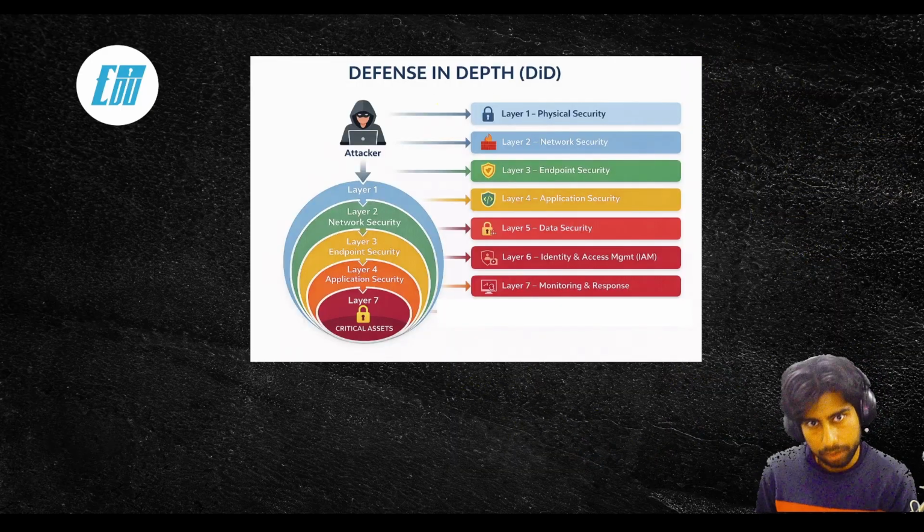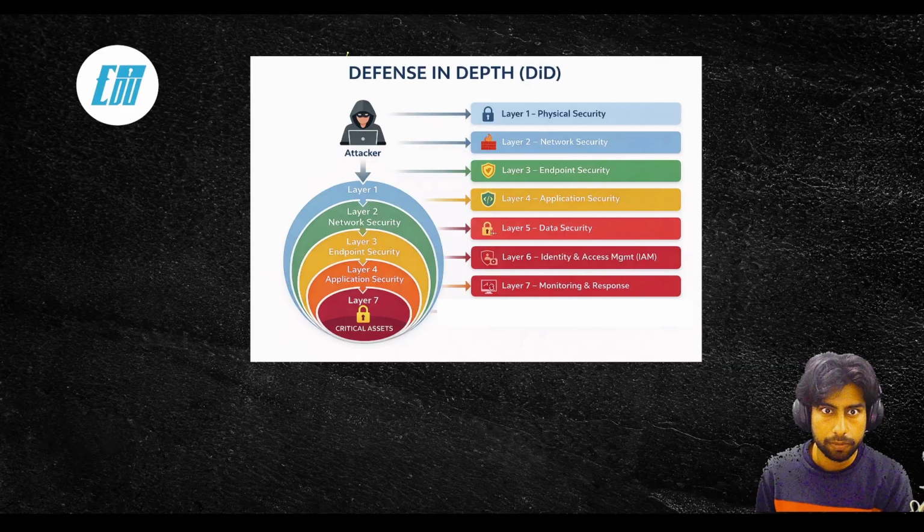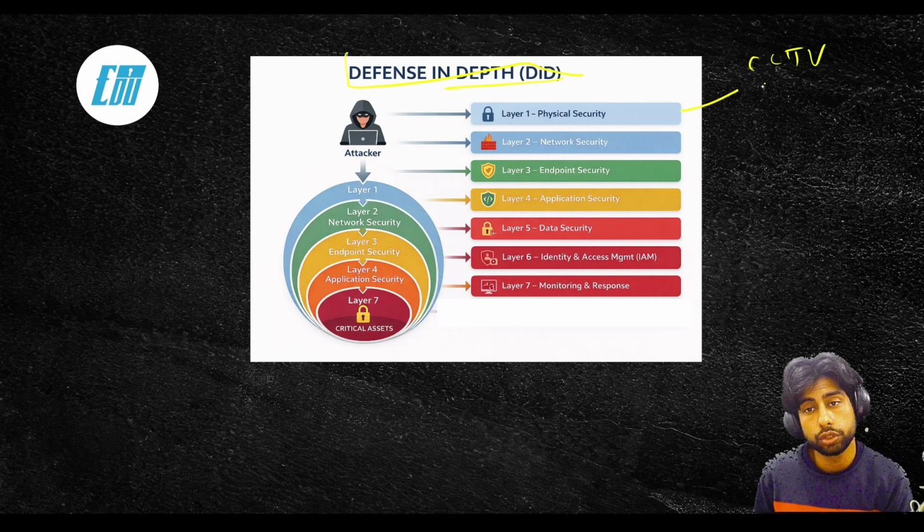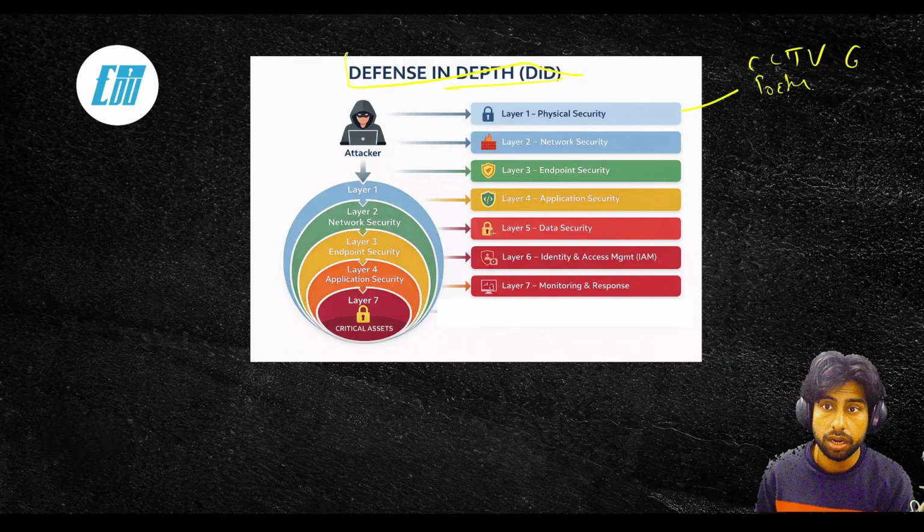Here we basically have a diagram or chart. We can say that it's defense in depth. So for the physical layer, we can say it's CCTVs, maybe locks, closed doors. It's also important. Maybe some guards as well.